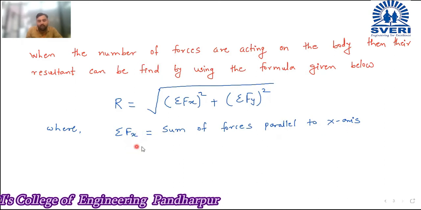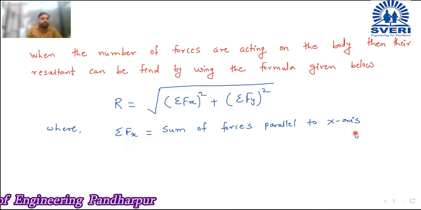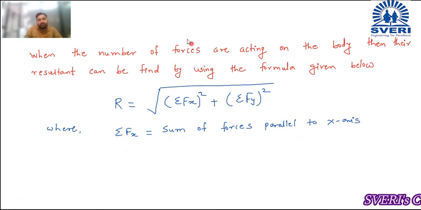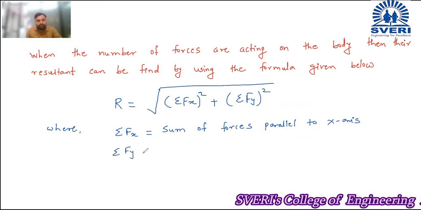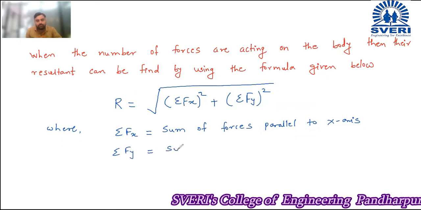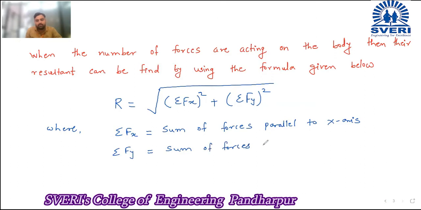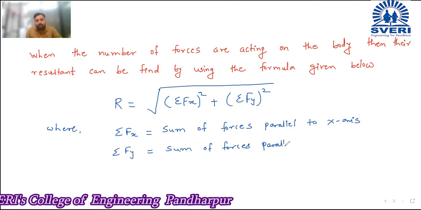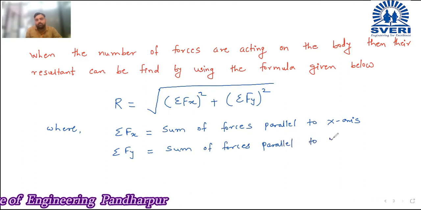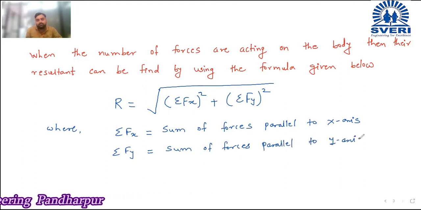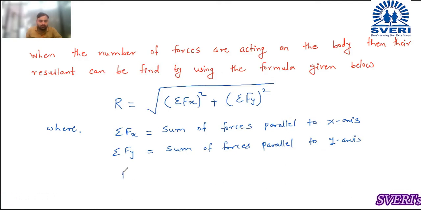If you write y, then those forces are parallel to the y-axis. Similarly, summation Fy is the sum of forces parallel to the y-axis. And what is the meaning of R?